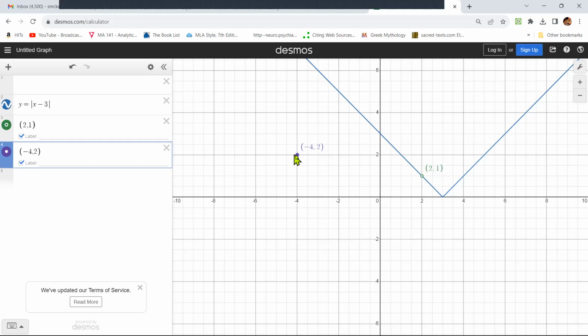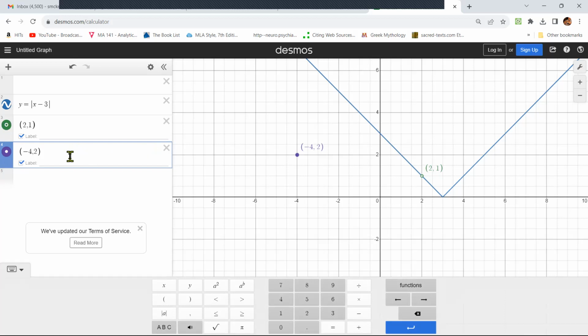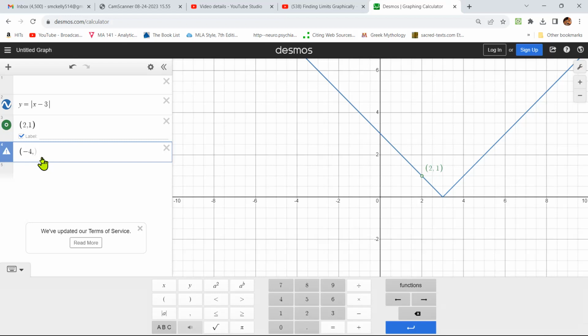Essentially, the way you know that it's removable is, could I fill this hole? I could. All I would have to do is define this point to fill the hole, because my discontinuity is at 2.